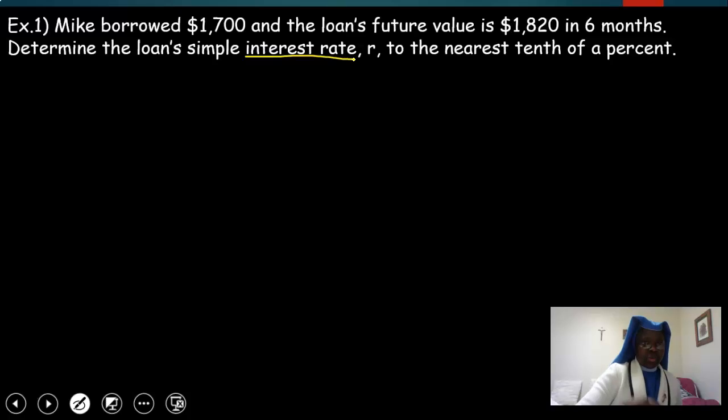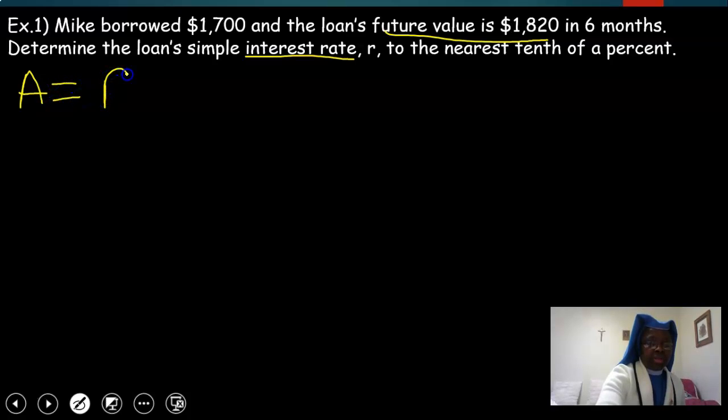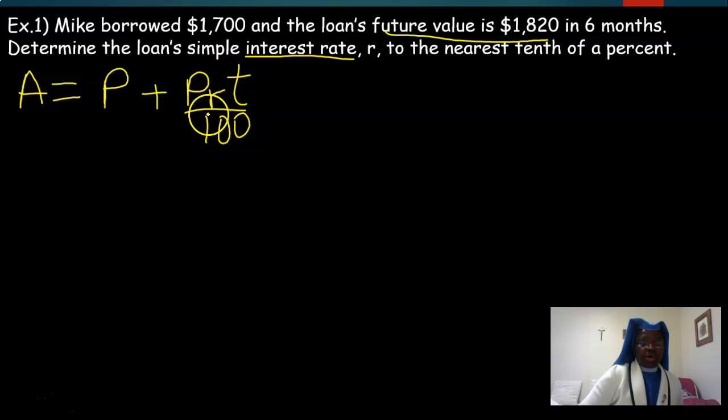Since it's simple interest and we have the future value, we are going to use the future value formula, which is future value amount equals the principal plus the interest, which is principal times rate times time. Again, I would like to put this over 100 so that we don't have to worry about multiplying by 100. Once we solve for R, we know that the 100 has already been counted for.